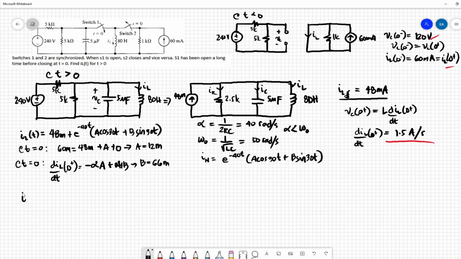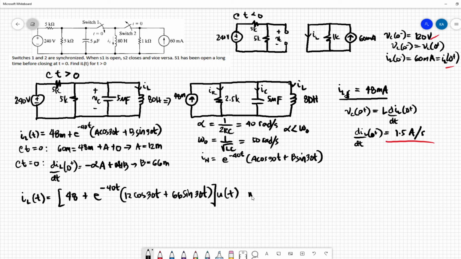So our complete response is 48 plus e to the negative 40t times 12 cosine of 30t plus 66 sine of 30t, times u of t, milliamperes.